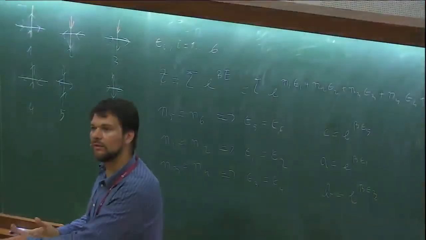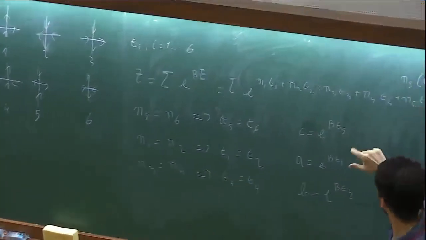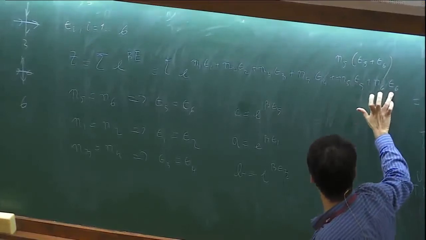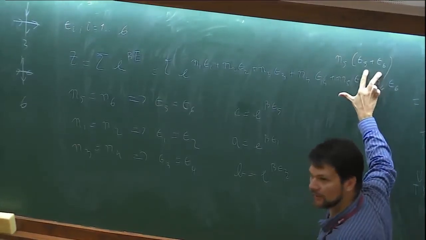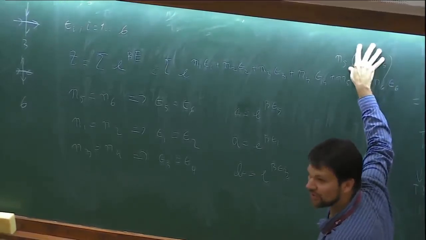Why are we taking the energy, I mean, epsilon i energy? Because at that point, since the object I'm interested in is the partition function, which depends only on the combination n5 epsilon 5 and n6 epsilon 6, if n5 and n6 are the same, then I write them like this. And then this quantity appears always as an object.